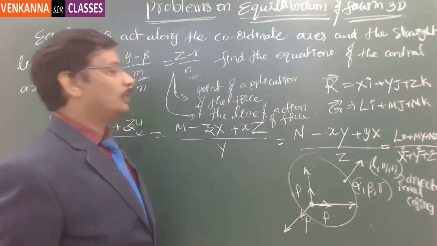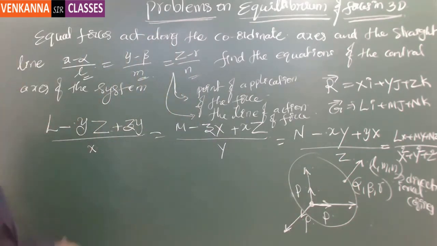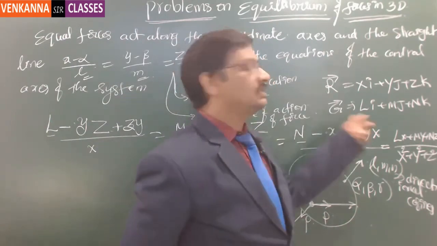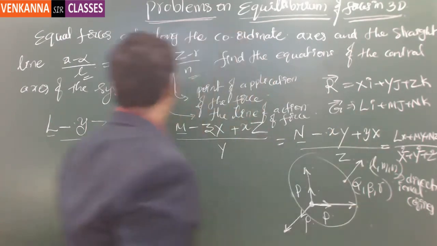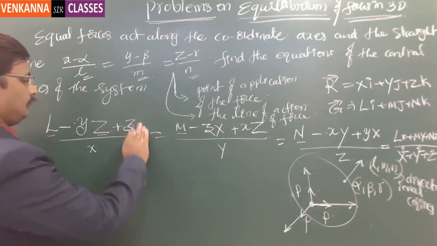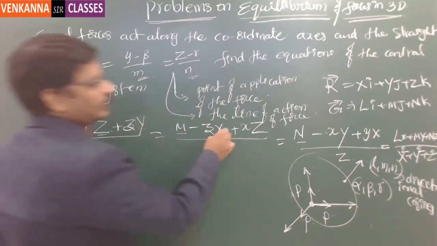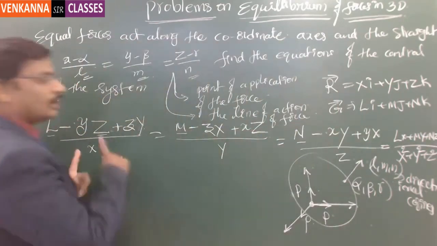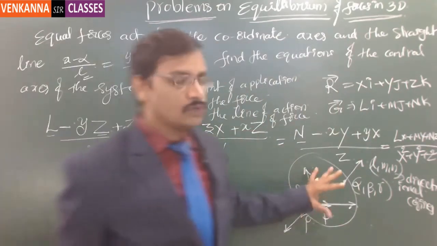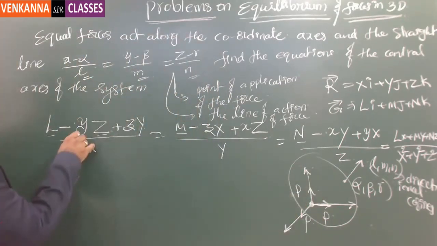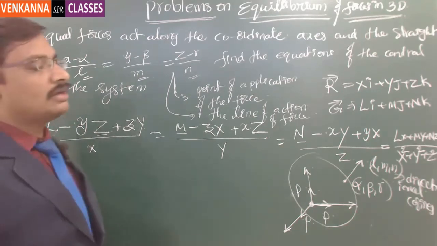So that's what we have to find out, and the central axis equation is given by this one. Here, if you notice, L, M, N are the G parts, and then we have Z, Y and X. So X, Y, Z are part of R. Now if you are able to find these two for the entire system of these four forces, then you will be able to arrive at this equation, because small x, small y, small z are the variables anyway.